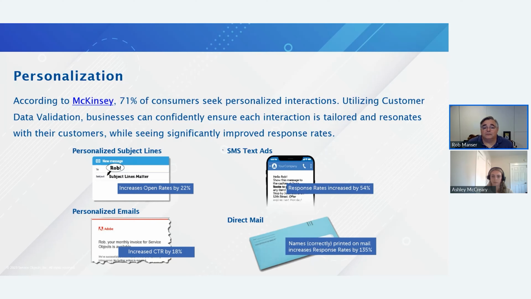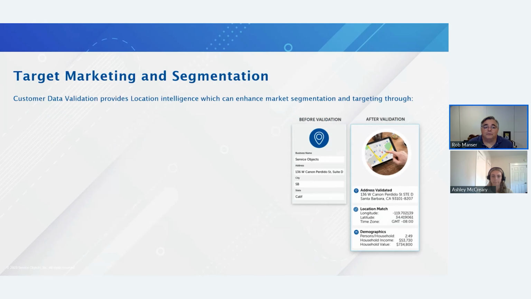But let's go a little deeper into the target marketing and segmentation that you can use address for, and the other data points that you get from it. On the right here, you can see some of those other data points. This is not an exhaustive list at all, but one of the first things, of course, is demographics. You're going to get age, income, education, all of those things that help you build a profile around your customer and segment them.